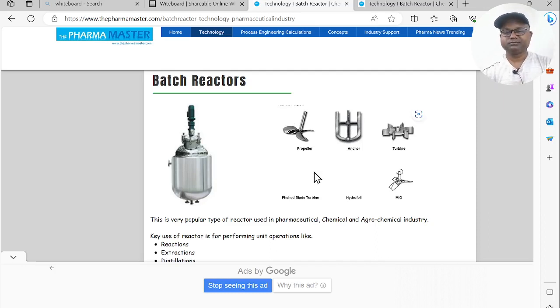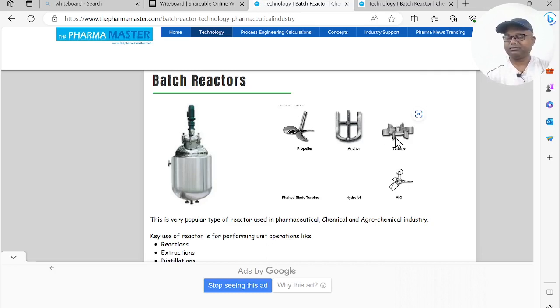The answer is no. The reason being, the geometry is different. So the tip velocity for the anchor will not work for the propeller, and a propeller tip velocity calculation will help only for the propeller type.